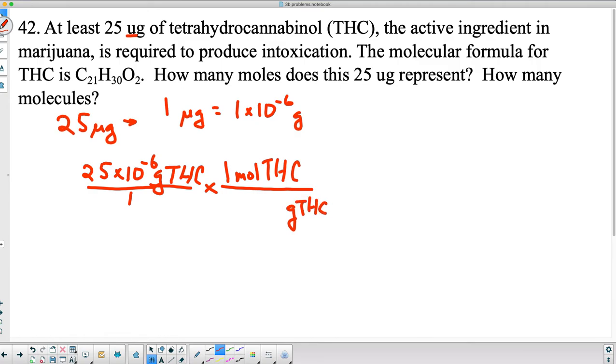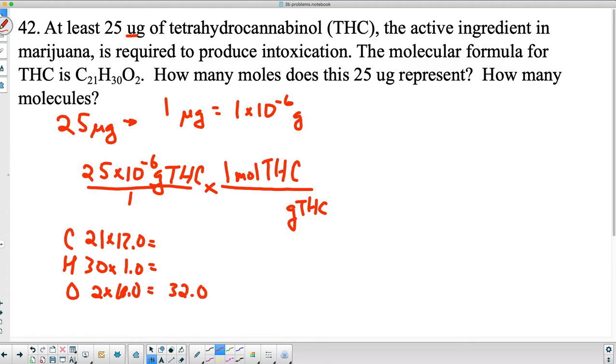Well, you guys know how to do this. C, H, and O is 21, 30, and 2 times 12.0, times 1.0, and times 16.0. So that's 32, 30, and what's 21 times 12?